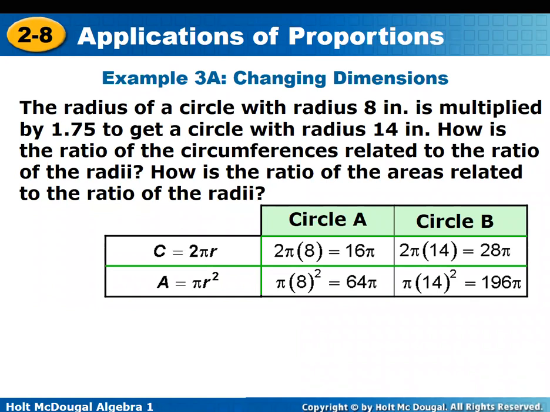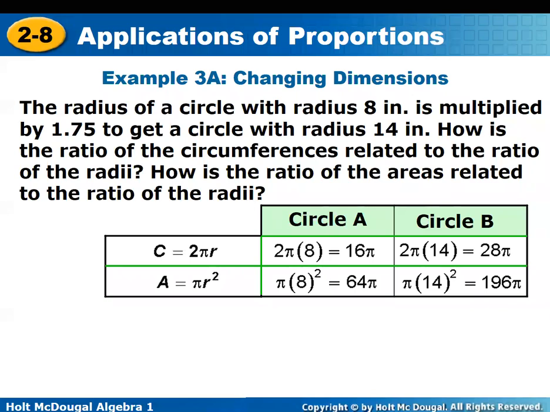Then I'm going to keep 2 pi, but I am going to replace the value of radius for circle A. It will be 2 pi times 8 equal 16 pi. Second one, he said to get a circle with radius 14.